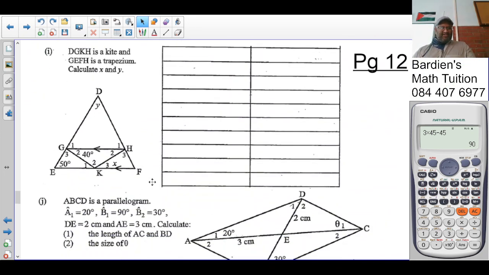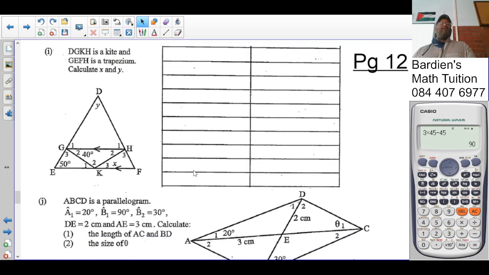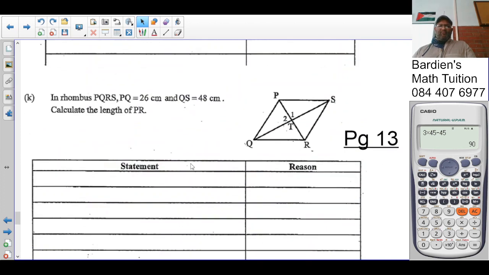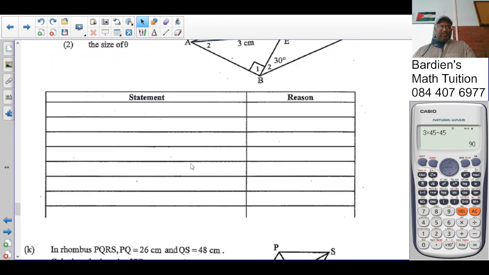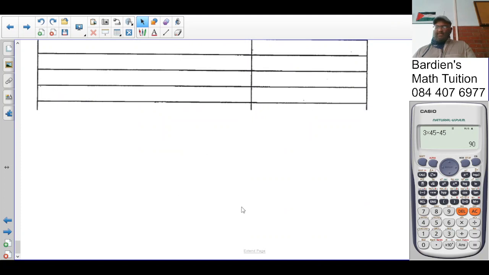Right. Did you guys have to do 12 already? Page 12, no. Right, for homework, you do 12, 13. Is there 14? Let's see.